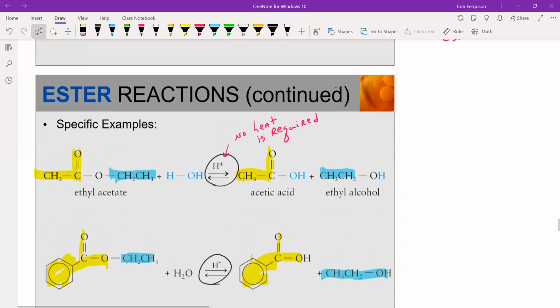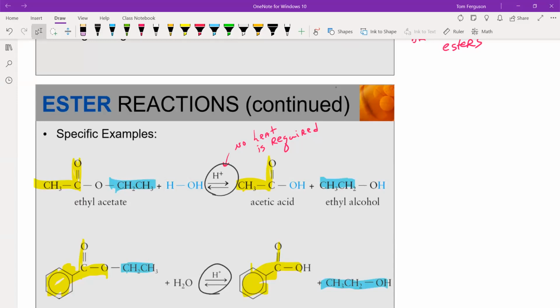Now, this was in an acidic environment. So that acid is protonated in an acidic environment.